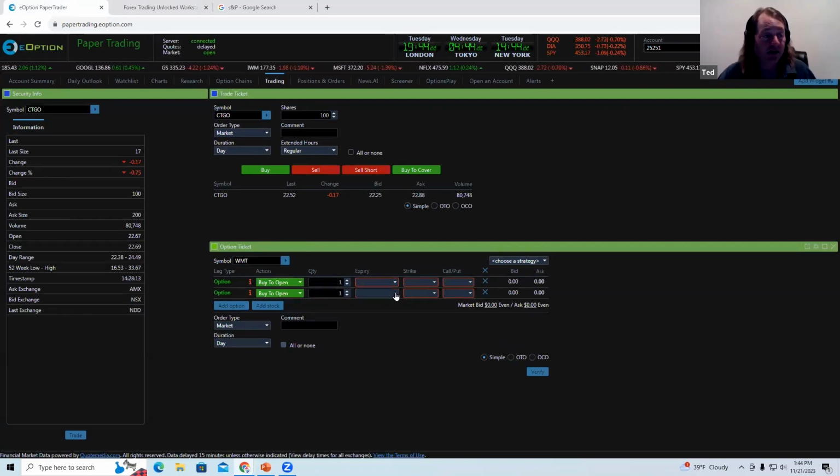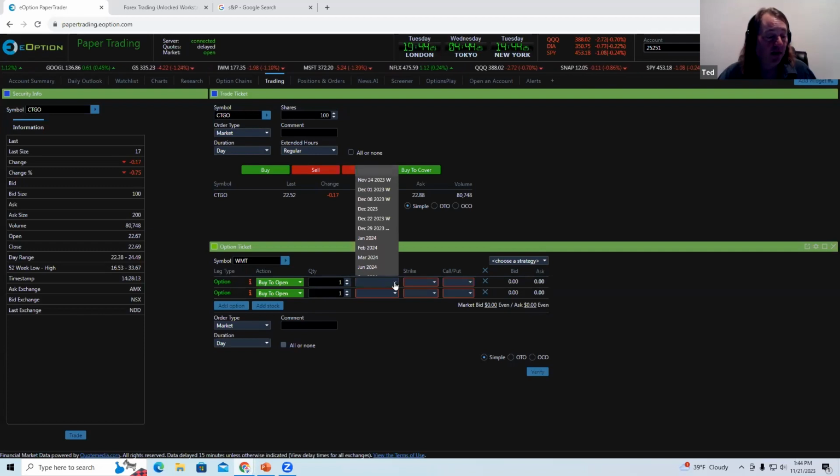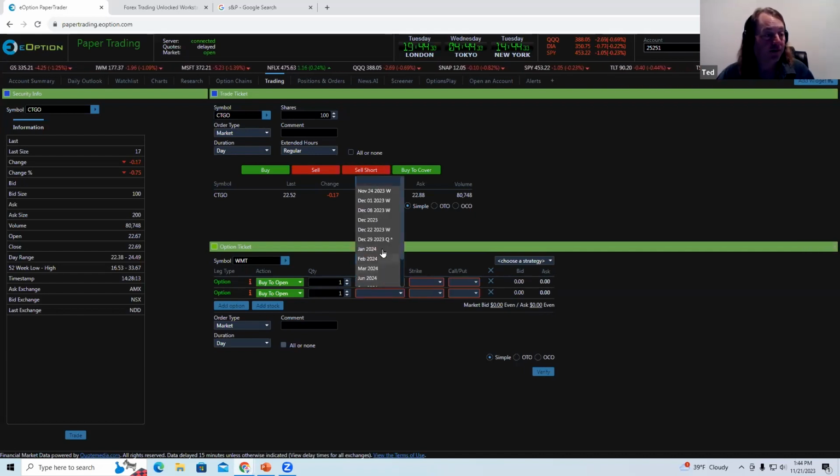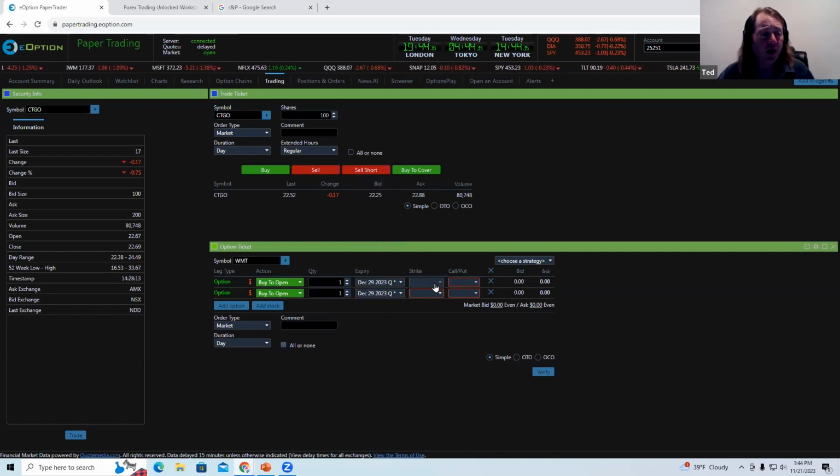Quantity has to be the same. Expiration is the same. Remember, when you have straddles, it's a large move, far from expiration. So we're going to go all the way out to just after Christmas, to the end of the year. You want to be every bit of 25 to 45 when you're looking at straddles. And since this one is over 30, that's a good one right there.